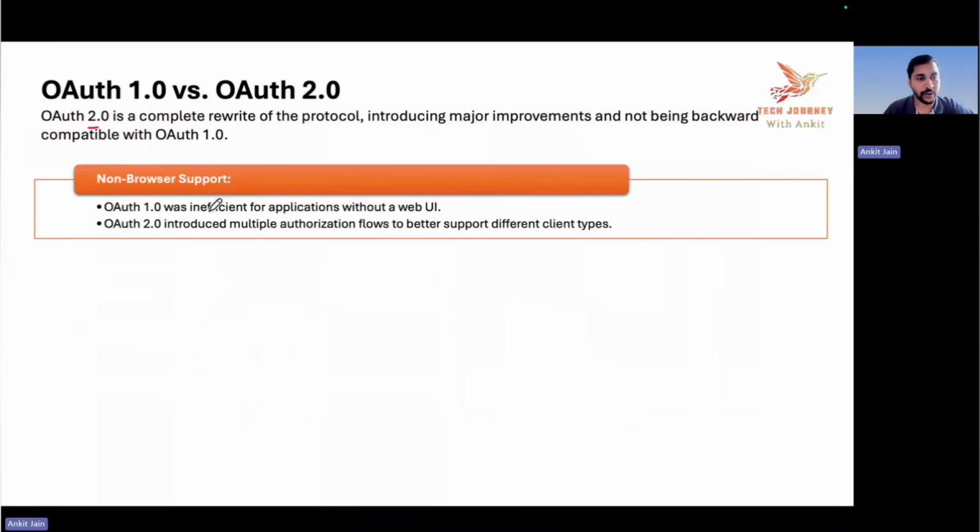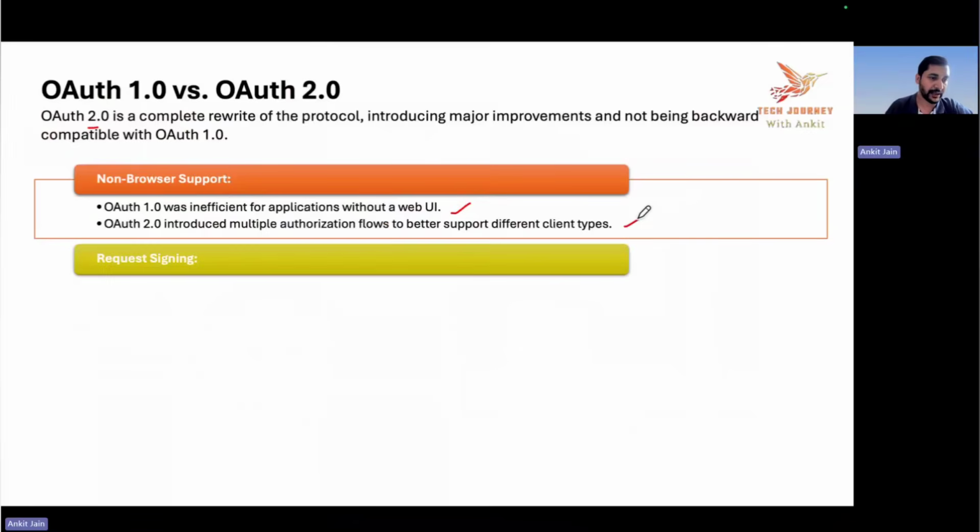OAuth 1.0 was inefficient for applications without a web UI. So a web UI was mandatory in 1.0, but that is not the case in OAuth 2.0, which introduced multiple authorization flows to support different client types. We'll talk about these authorization flows down the line, one after the other.